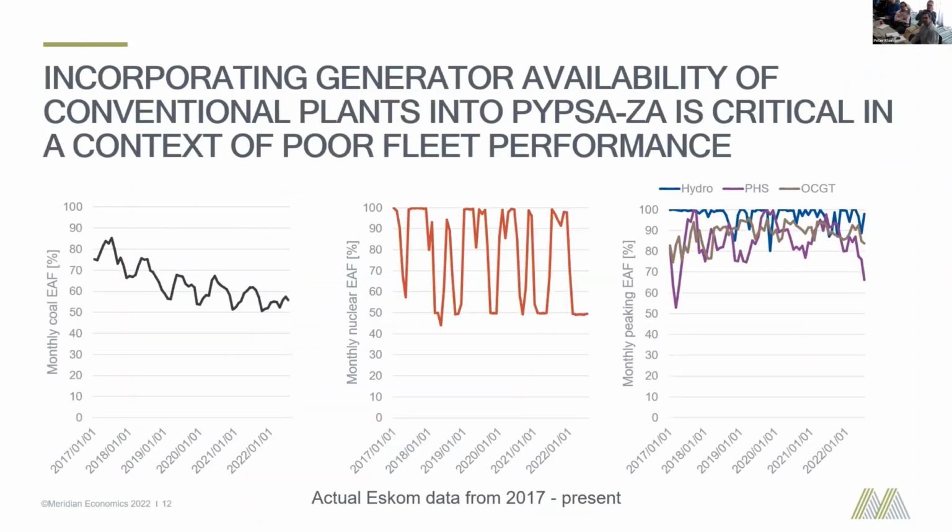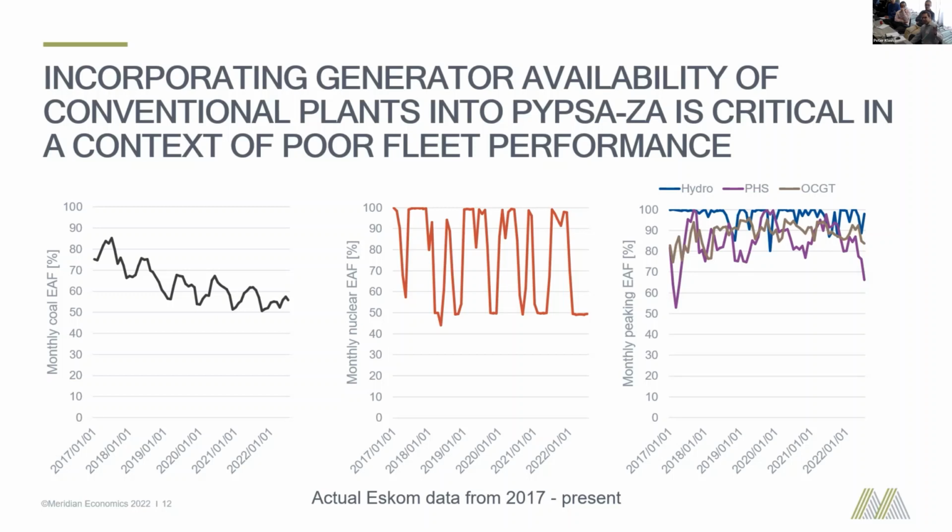So just in terms of what some of these changes actually look like. You can see here, this is based on ESCOM actual data for monthly availability. We have this now at a plant level, thanks to ESCOM really being open now with sharing data, which is great.